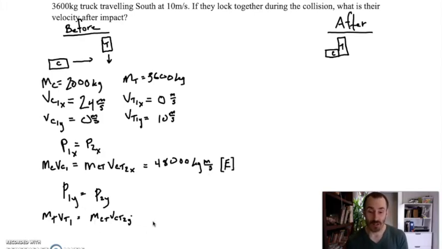Then we look at this part. If we figure out the momentum of the truck, we have the y momentum of the car truck.